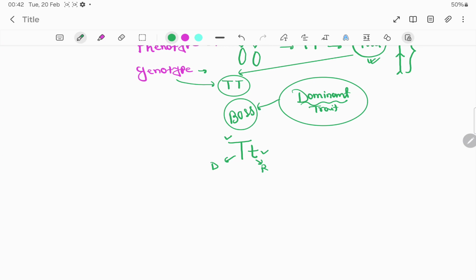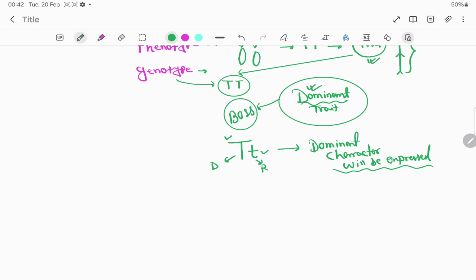If dominant and recessive alleles are together, which character will be seen in the individual? The dominant character will be expressed. Why? Because as I have already told, the dominant trait is the boss.